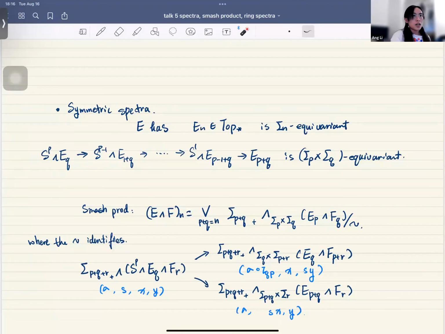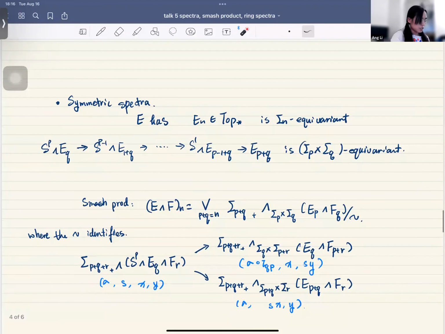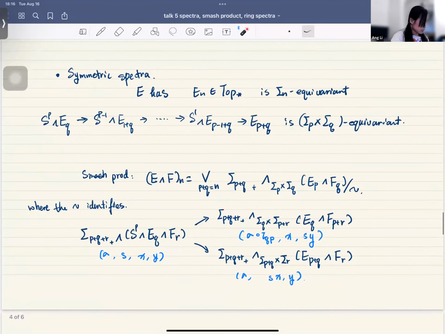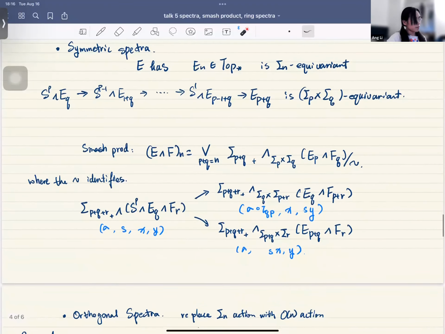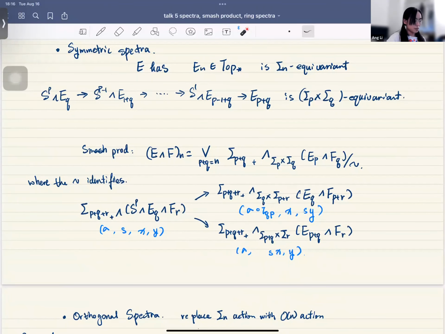Okay, so I am going to take a shortcut for orthogonal spectra because it's almost the same. If you replace Sigma n equivariant with O n, where O n is the nth orthogonal group, equivariant, then everything follows and you can get the orthogonal spectra.